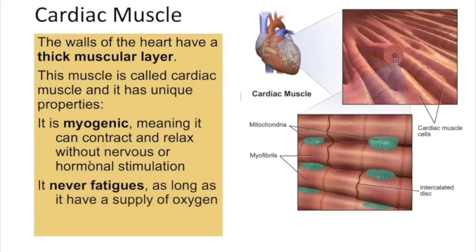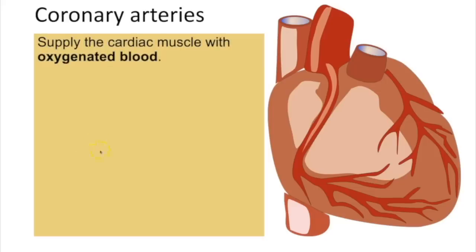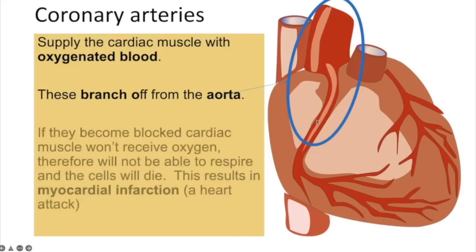It also never fatigues. So as long as it has a constant supply of oxygen and glucose, it will be able to respire aerobically. The coronary arteries we can see here, they are what supply the cardiac muscle with this oxygen and glucose so that it never fatigues. They branch off from the aorta, which we can see here.